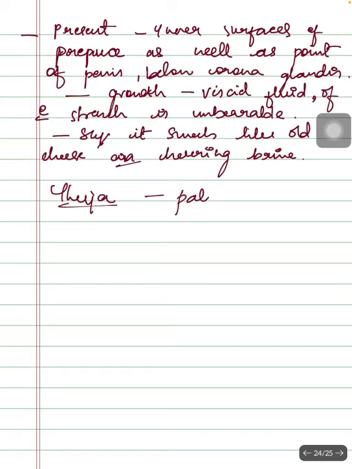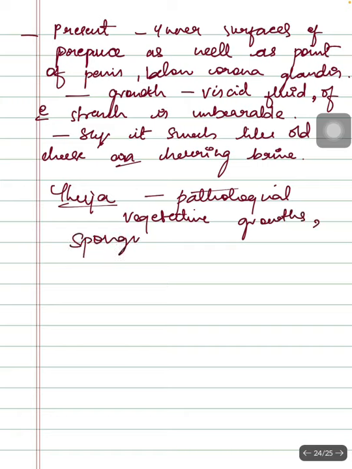So Thuja on a human constitution acts with unlimited cell proliferations, with such a lot of pathological vegetative growths, spongy tumors, and many other varieties of morbid manifestations.